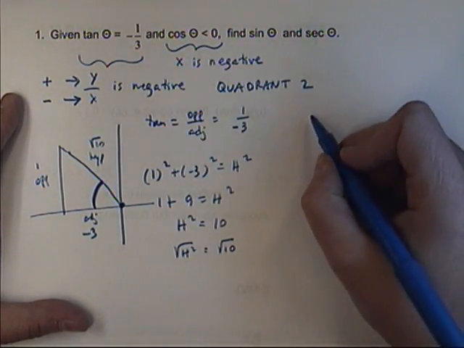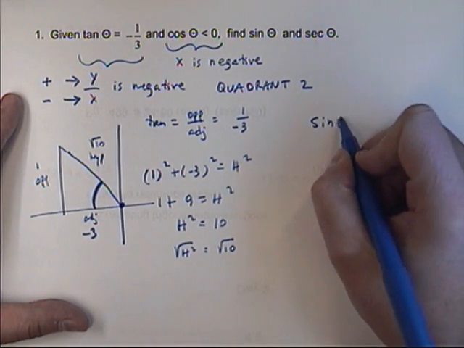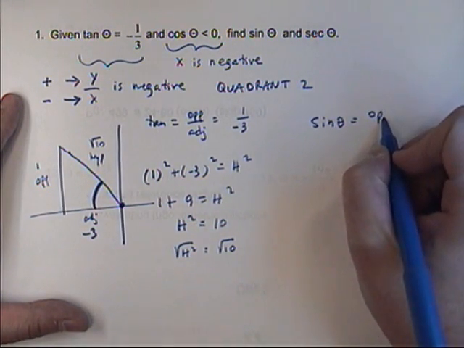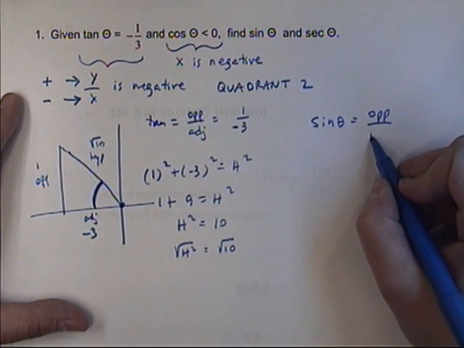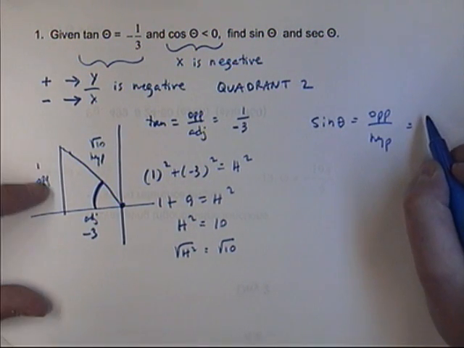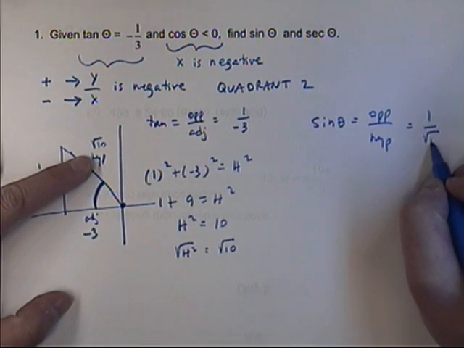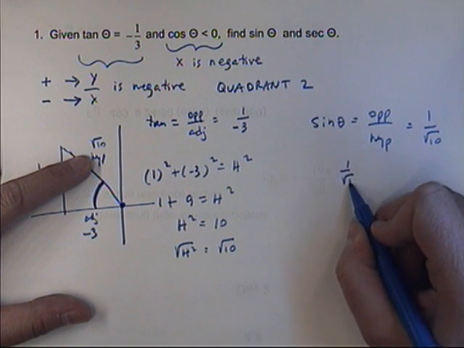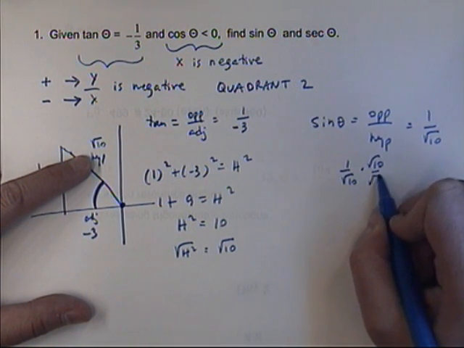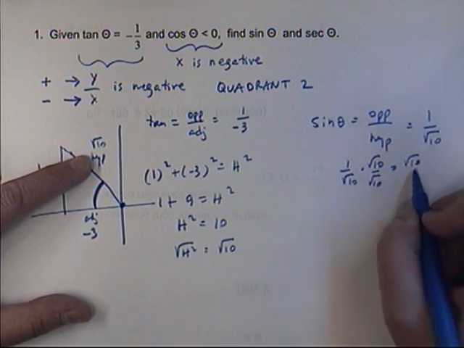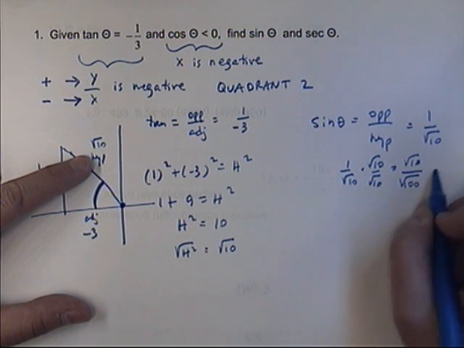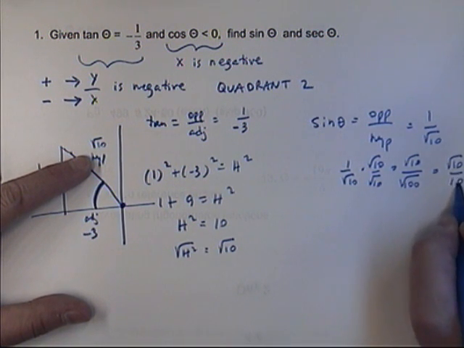They want us to find the sine of theta, which is opposite over hypotenuse. In this case, that would be 1 over square root of 10. And if I multiply that by root 10 over root 10, I get the square root of 10 over the square root of 100, which is just 10.